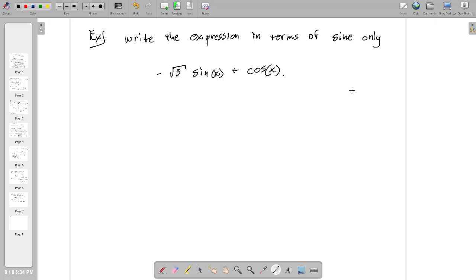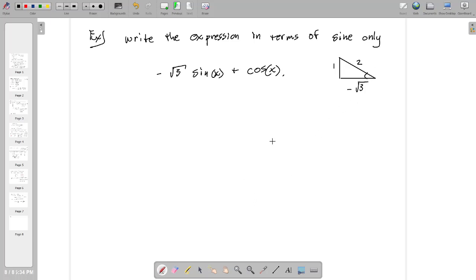So I'm going to draw a triangle, because it's helpful, where the adjacent side is negative root 3 and the opposite side is 1. Then when we find the hypotenuse of this triangle, we get the square root of 1 plus 3, which is the square root of 4, which is 2. So we end up with this.